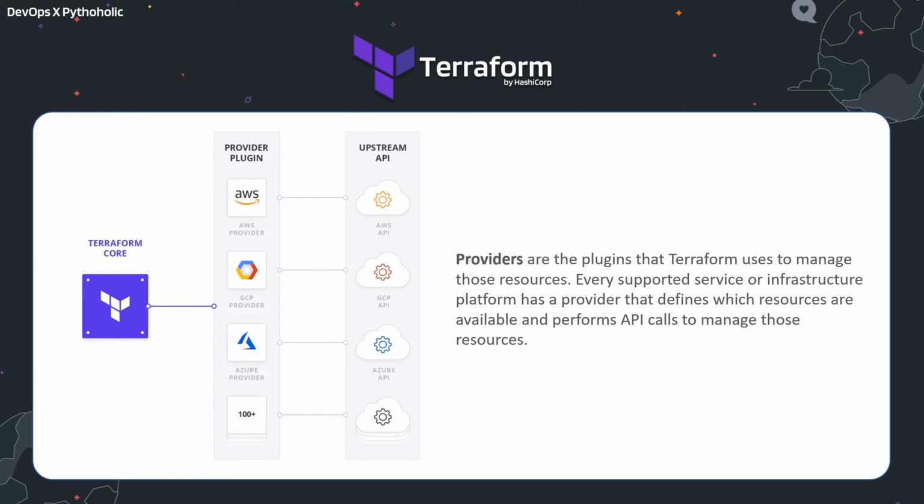Yes, providers are basically nothing but plugins which have the capability to perform operations on your behalf based on your requirement. Supported services and platforms like Google, AWS, Azure have their own providers which have the resource calls to manage the resources on the cloud.